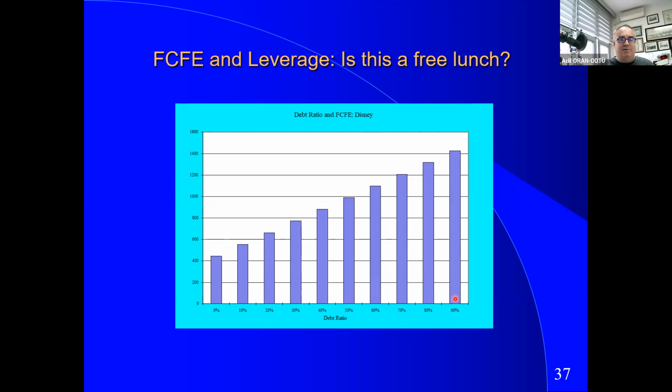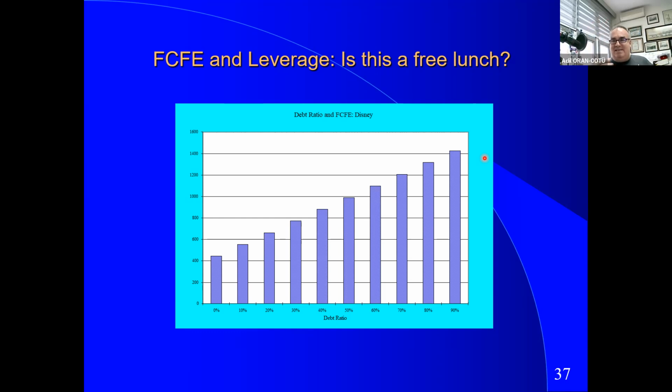If it's 80%, we'd have this. So as the debt ratio goes up, free cash flow to equity also goes up. Wow, that's wonderful. So if we were valuing the equity, it seems as if we could get a real good deal, just increase the debt and free cash flow to equity also goes up.